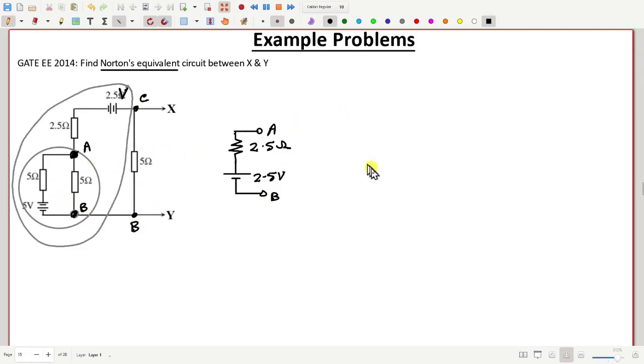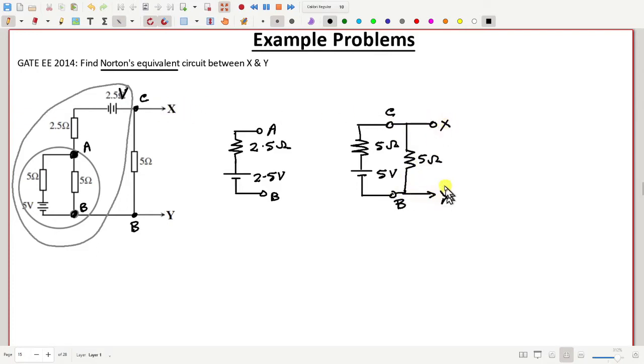In total, we have 2.5 plus 2.5, 5 volt and 5 ohm. This is what we have between C and B. And this is 5 ohm. And then finally we have one more 5 ohm connected here. So this is X, this is Y.